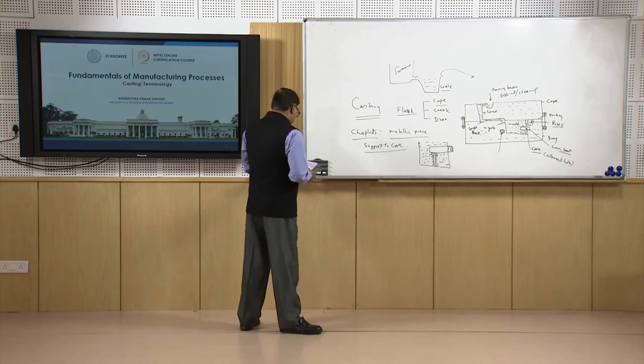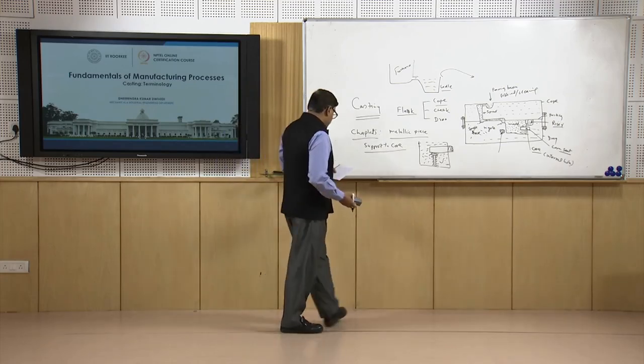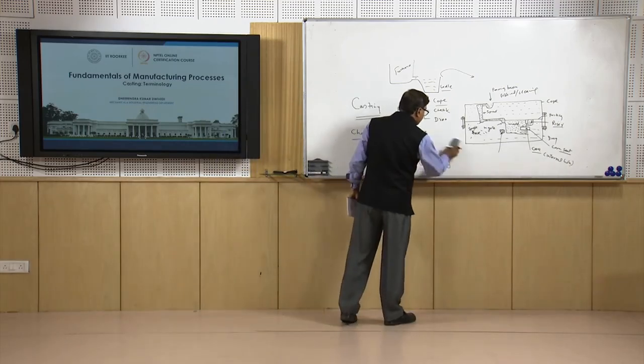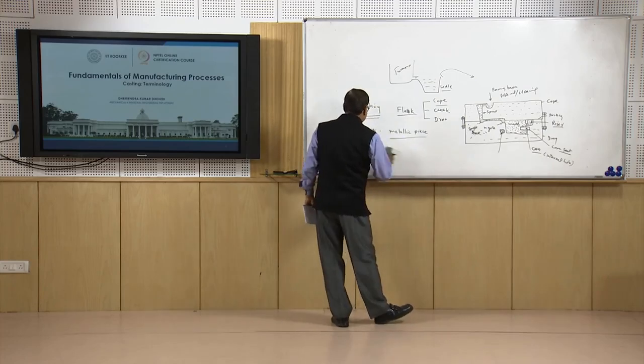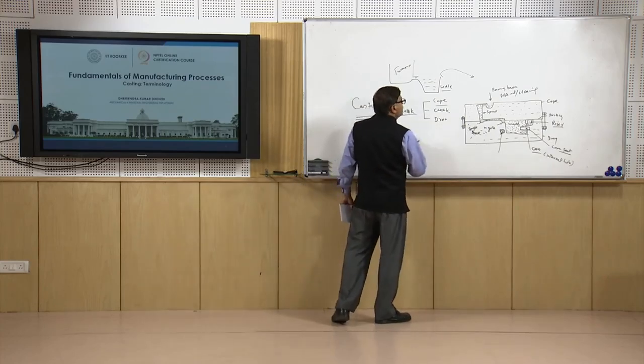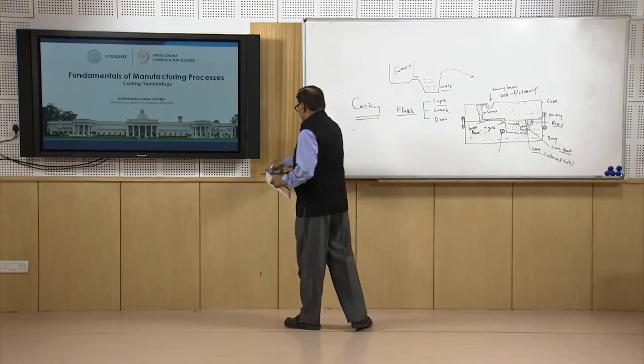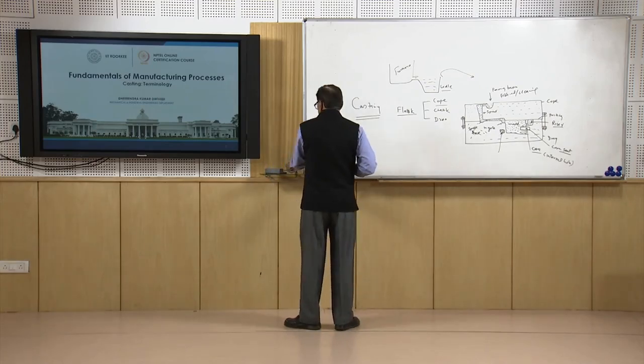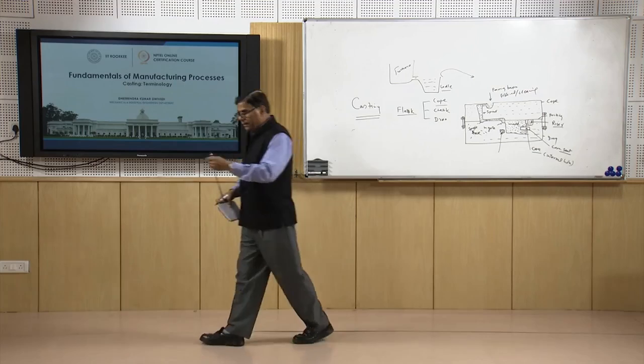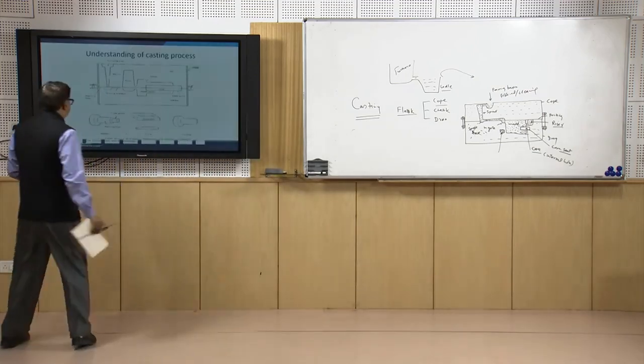So these are the common terms which are used related with the casting, and we will try to see this using the PPT to have more clarity in terms of the diagram.